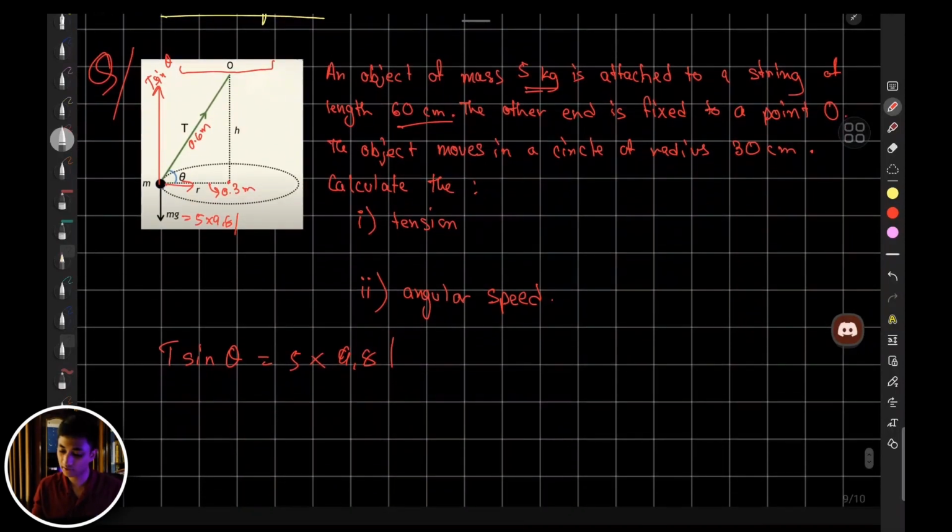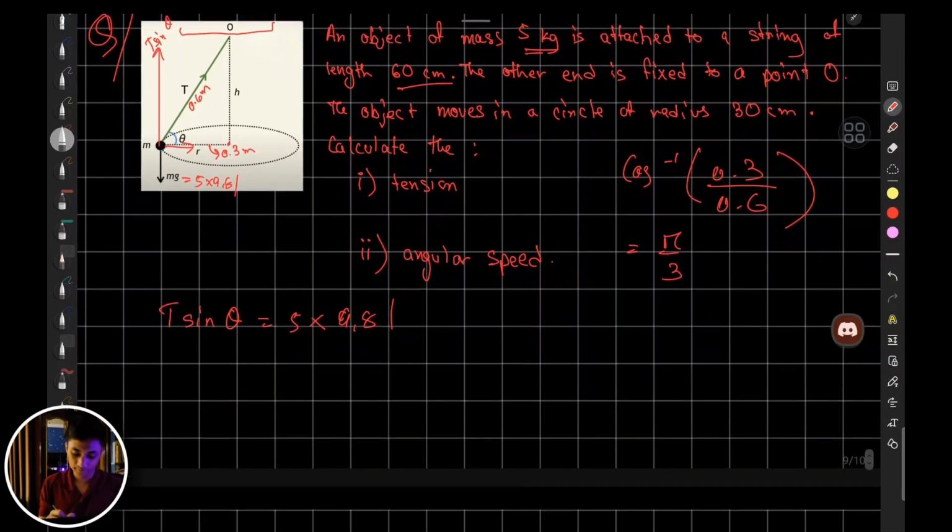So we can find out theta, which is, sorry, cos inverse of 0.3 by 0.6. So it's going to be cos inverse of half.